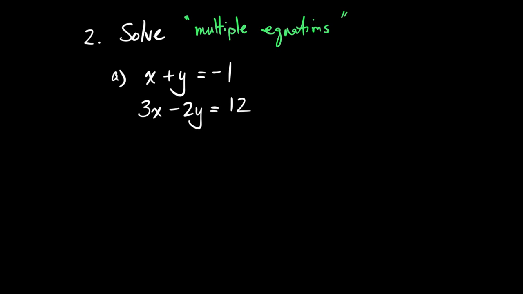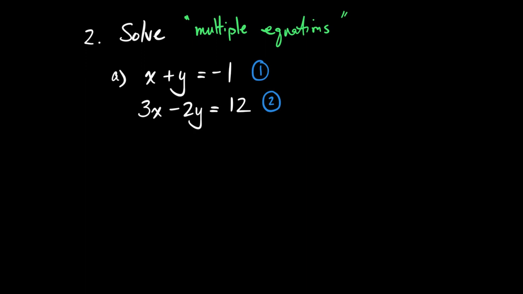Okay, let's take a look at A. We've been given the instruction to solve, so we need to find, in this case, the x and y values that make both equations true. The first thing we want to do is be able to talk about these equations. So I'm going to call the first one equation 1, and the second equation, equation 2.